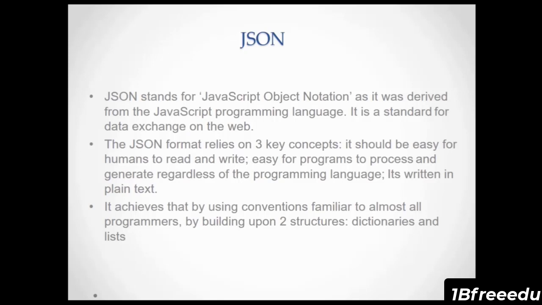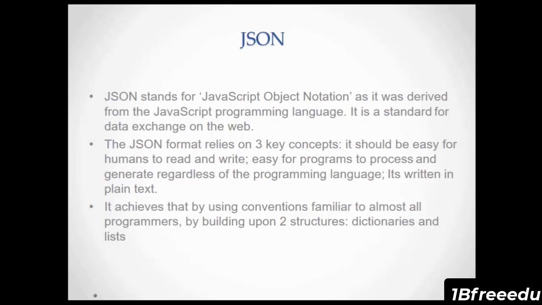Apart from that, JSON will be easily readable by anyone who knows the basics of programming languages. Then it is easy to program, process, and generate regardless of programming language. JSON is supported by most programming languages. Whatever backend programming language is used, the API can be read easily from JSON.